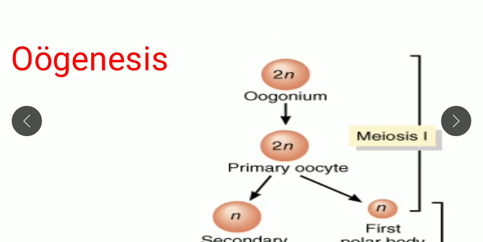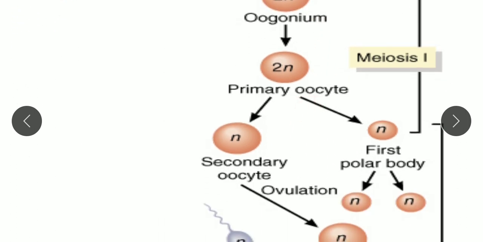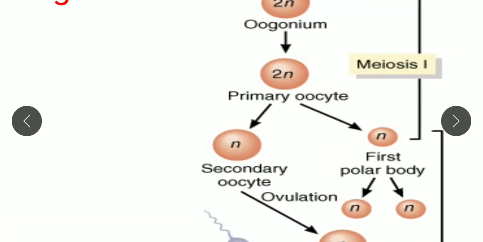In oogenesis, the oogonium is the parental or mother cell of the egg. The oogonium undergoes mitotic cell division and forms a diploid cell. The primary oocyte enters meiosis 1 and forms a secondary oocyte and a first polar body.